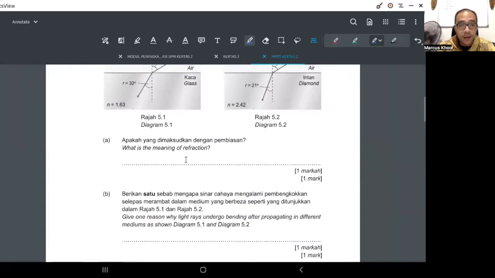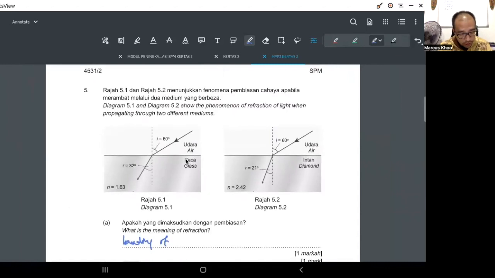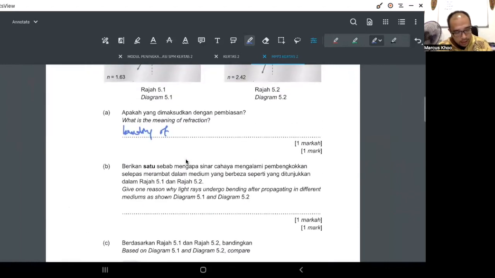So what is the meaning of refraction? Refraction of light is the bending of light rays after passing through mediums of different optical densities.